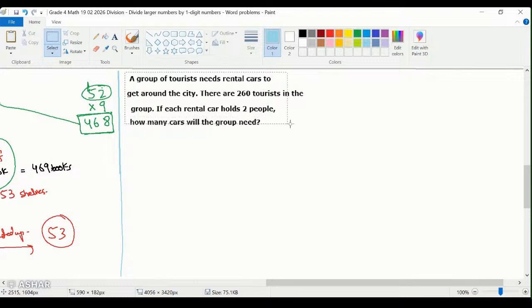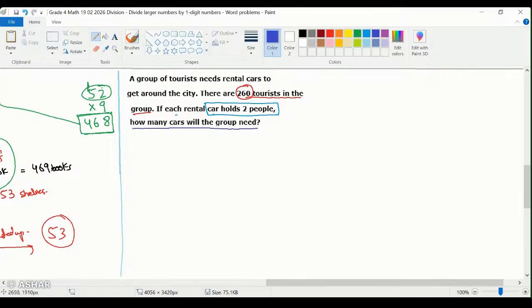Okay, they're saying that in this given question, a group of tourists needs rental cars to get around the city. There are 260 tourists in the group. Each car can hold two people only. How many cars would be needed?